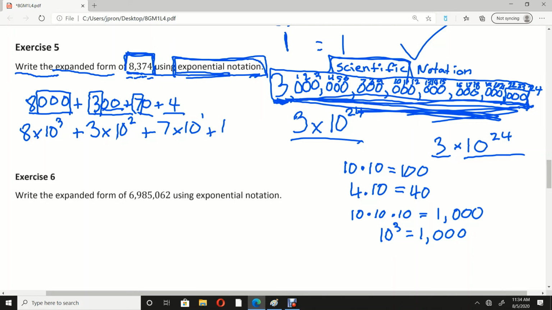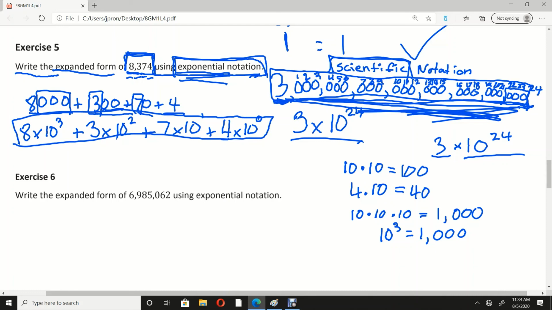So we write that as plus 4. We could really just write it as plus 4, but if we wanted to write this in exponential notation, we would multiply times 10 to the what power? To the 0 power, because 10 to the 0th power is 1. 1 times 4 is 4. So this would be how you write that in exponential form.